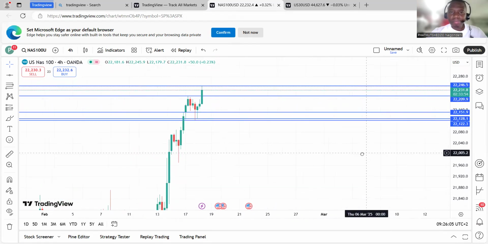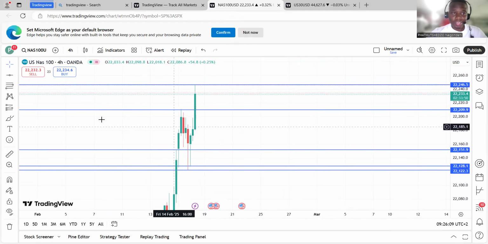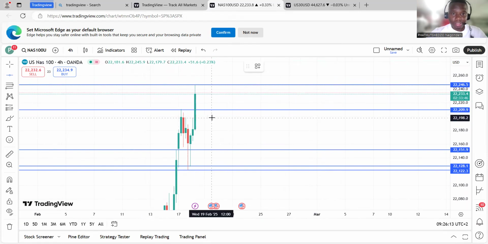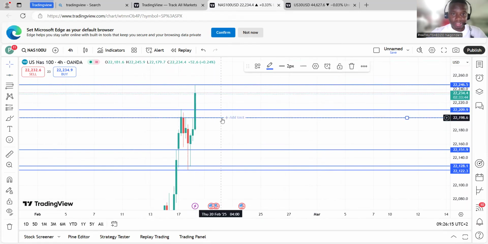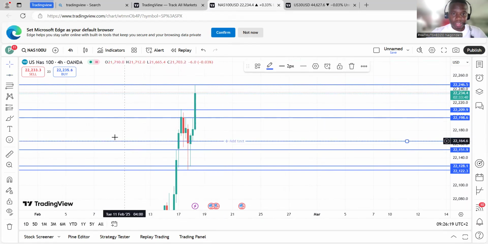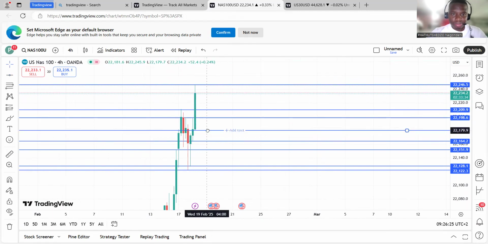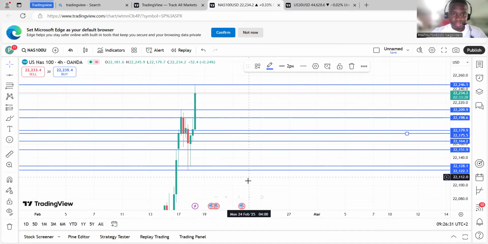I'm also going to be marking those candlesticks of 4 hour now. You understand? I'm going to be marking the 4 hour highs and lows and everything. Because why? Because the market conditions have changed. So I'm going to be marking those 4 hour highs and lows as well.